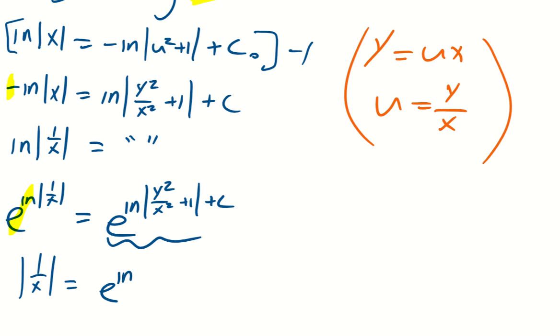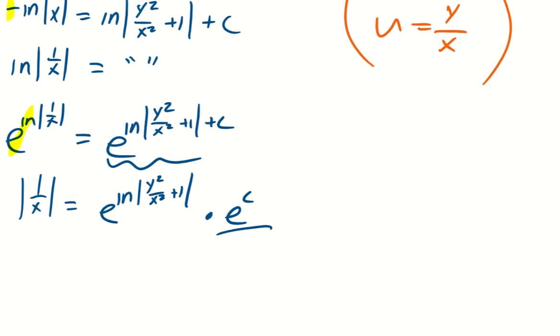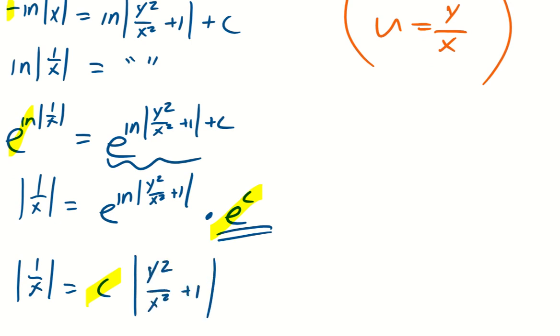So e is raised to this power, and we have e raised to this power, to the arbitrary constant. And this is just some arbitrary constant. So now we have the absolute value of 1 over x is equal to c, our arbitrary constant, multiplied by the absolute value of the quantity y squared over x squared plus 1.